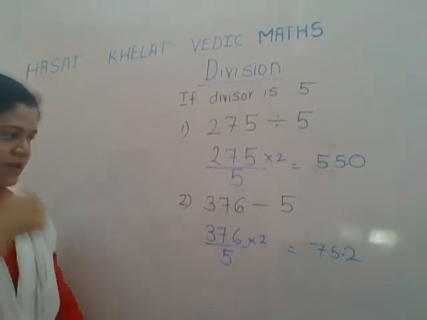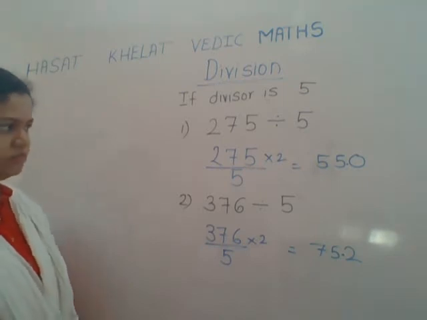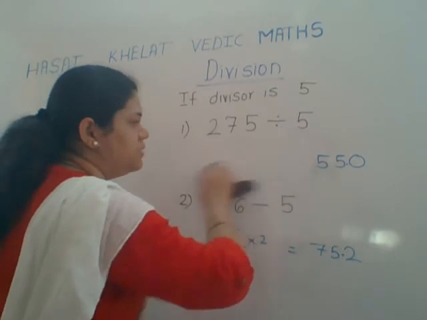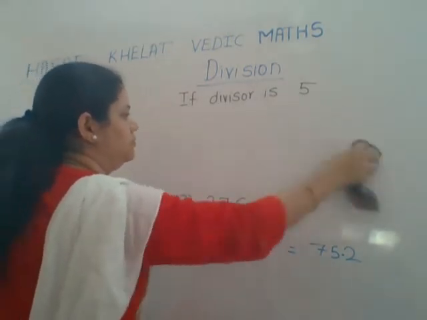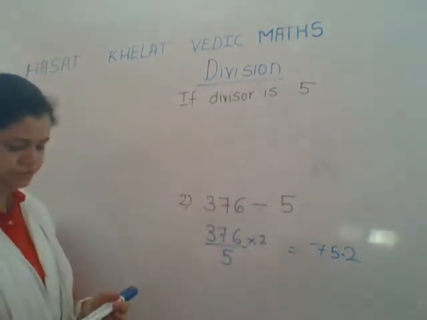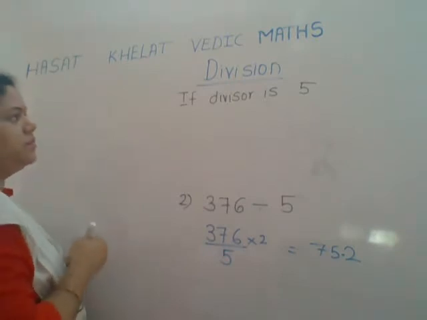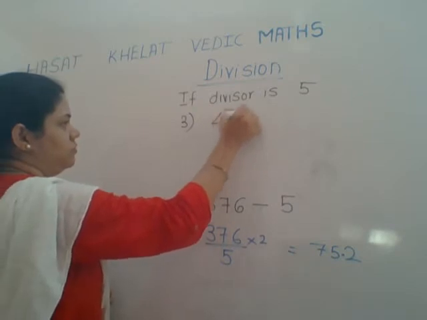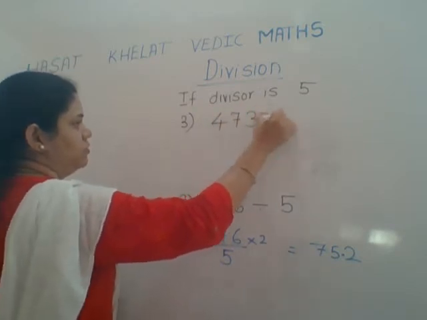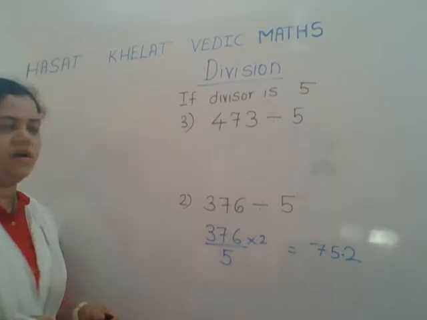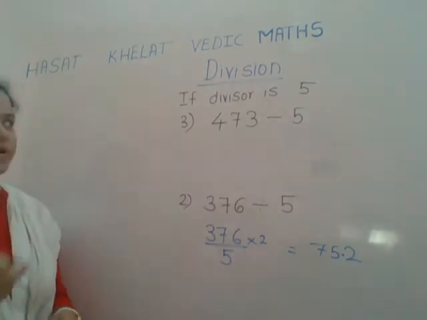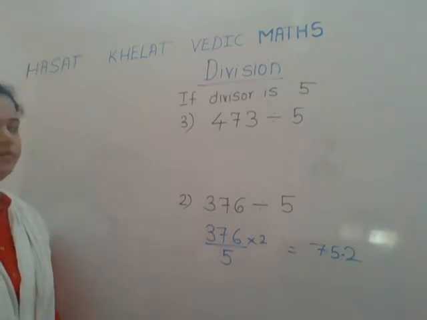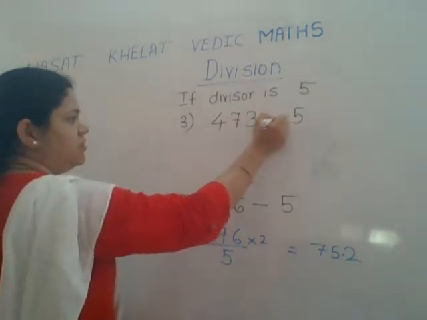Okay. See what I have done. I'll rub this and show you a fresh example. If I have 473 divided by 5, what is our first step?